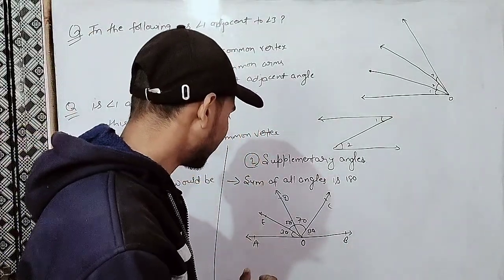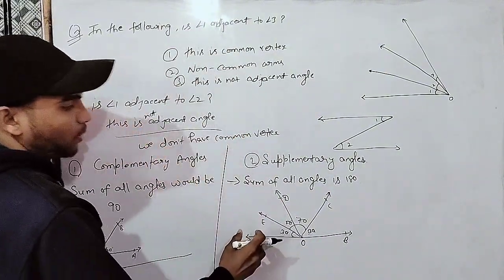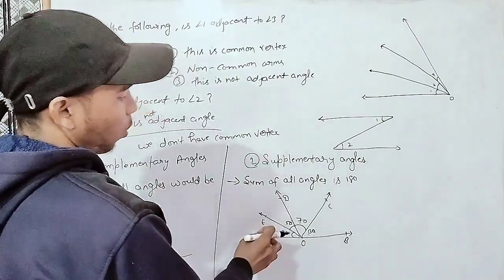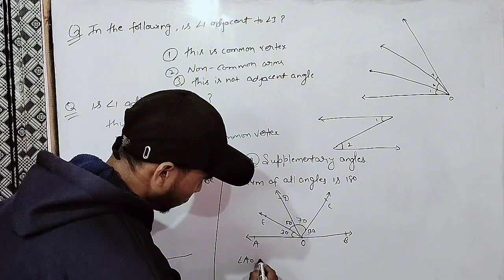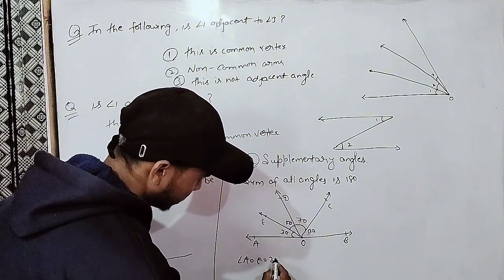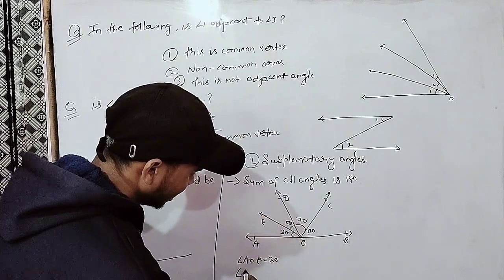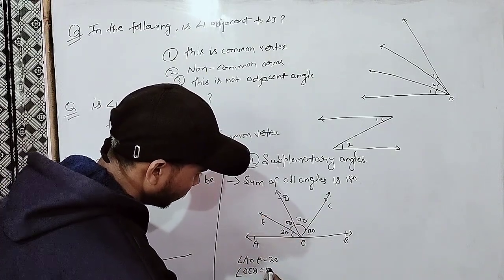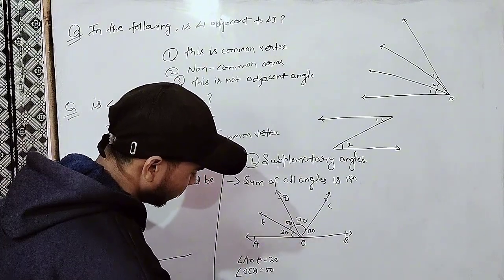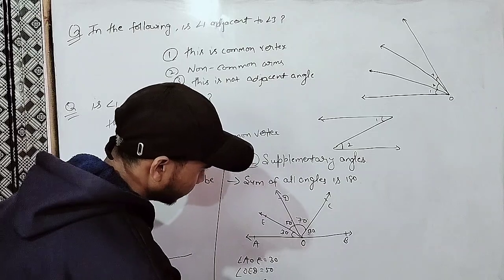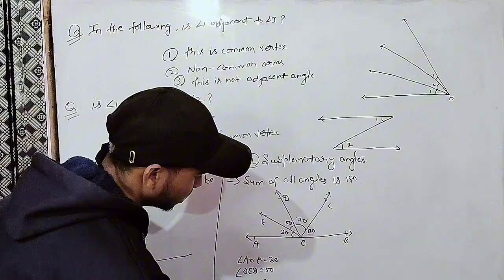So let's write it in a mathematical way. How many angles do we have? 1, 2, 3, 4. AOE, which is 30 degree, and EOD, which is 50 degree, DOC, which is 70 degree, BOC, which is 30 degree.